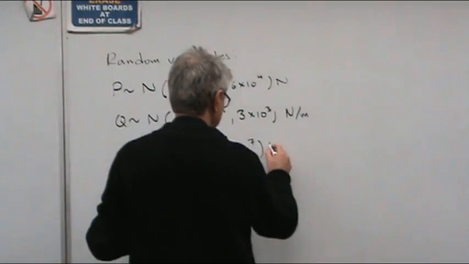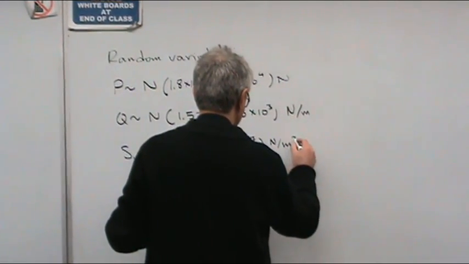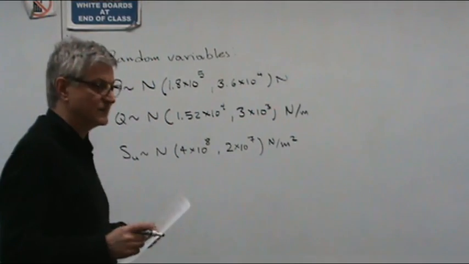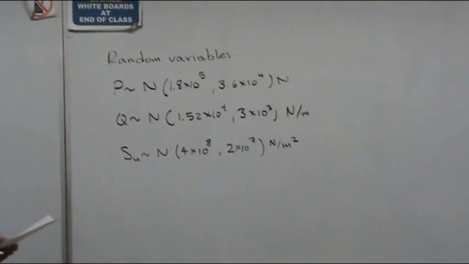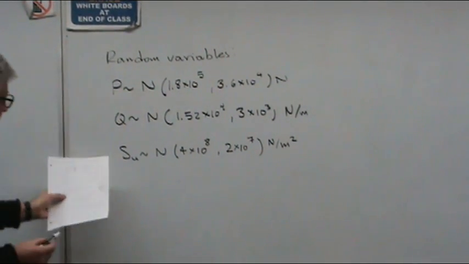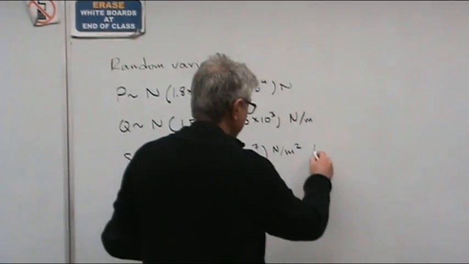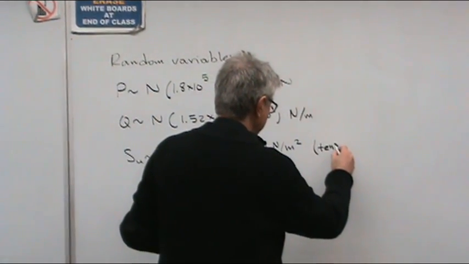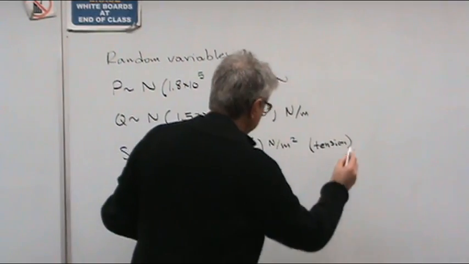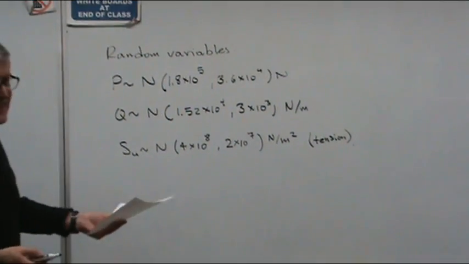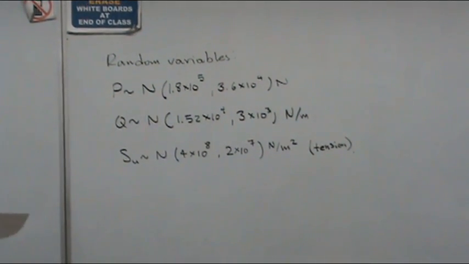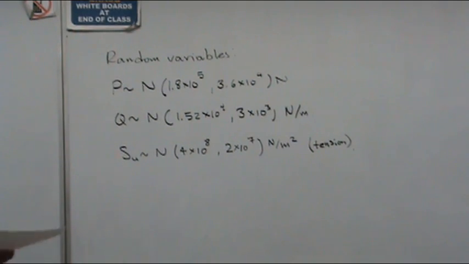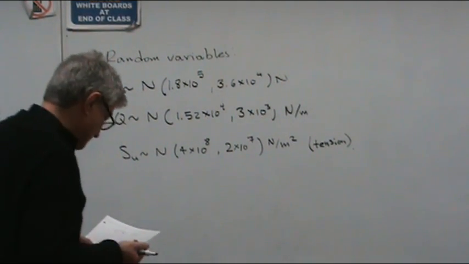This is newtons per meter squared, okay, this is pascals. This is for tension, okay? The material can also fail because of excessive compression, so we have to consider that also.